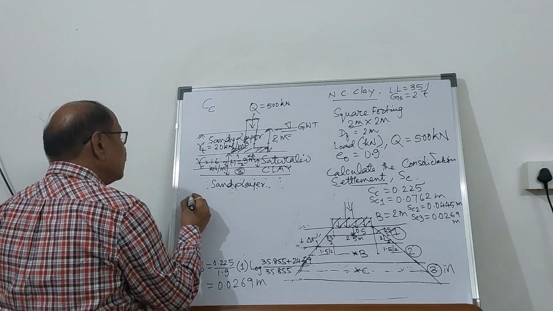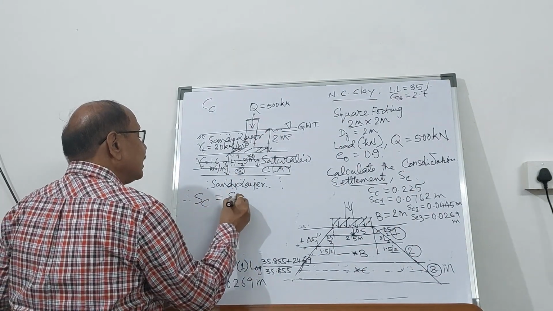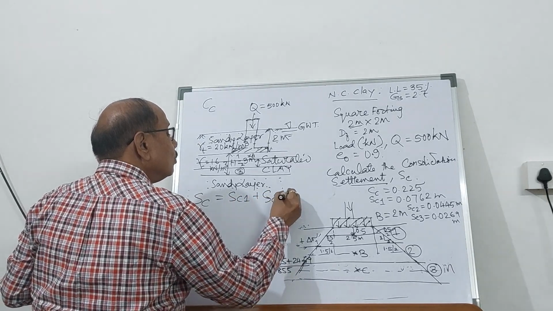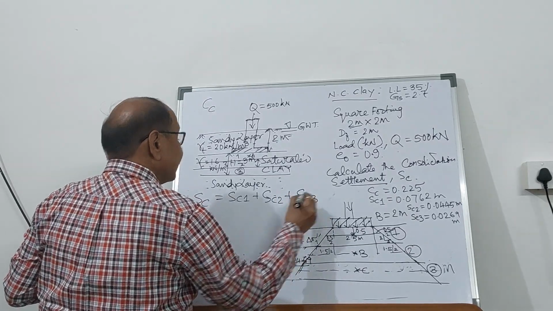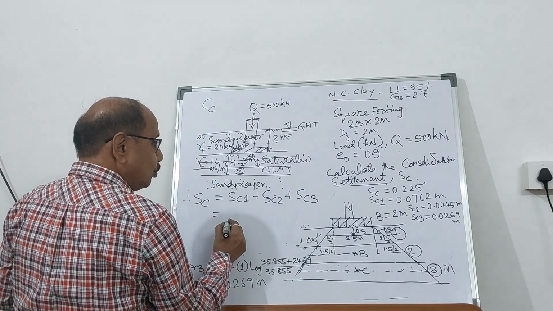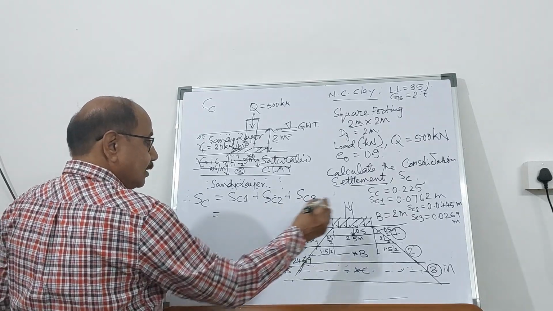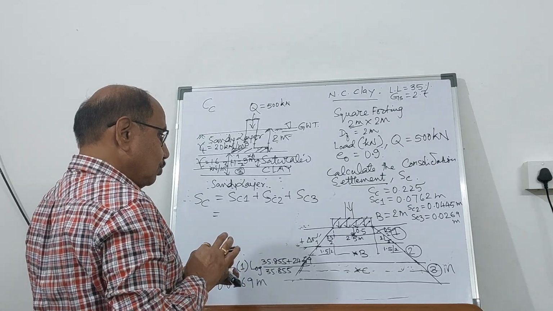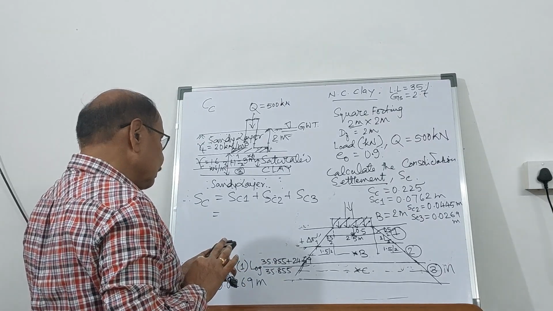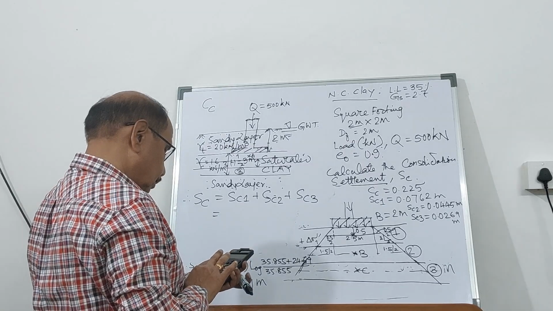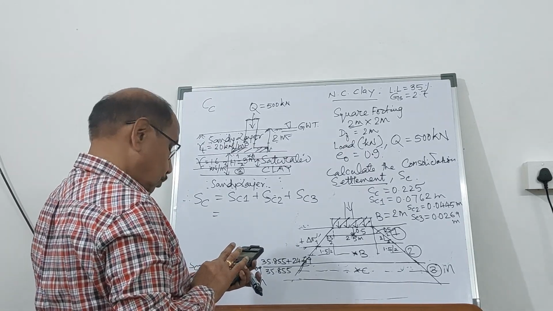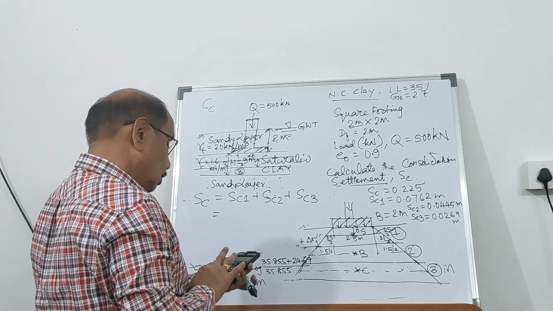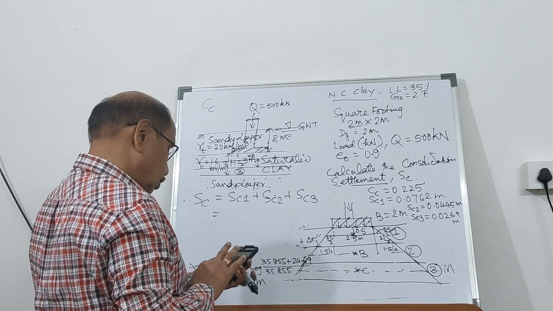Therefore, the value of SC equals SC1 plus SC2 plus SC3. Let us add up.